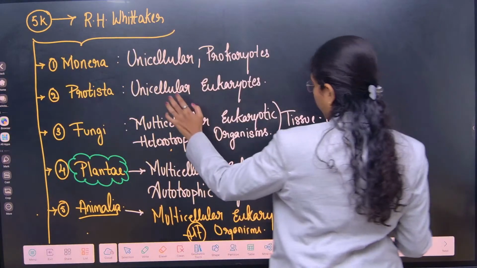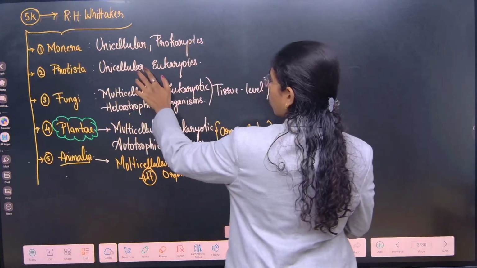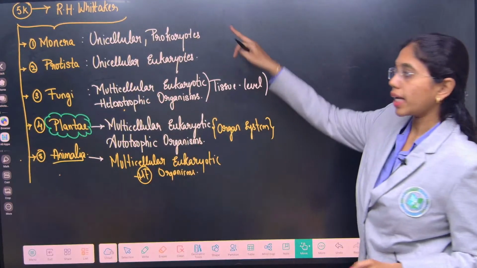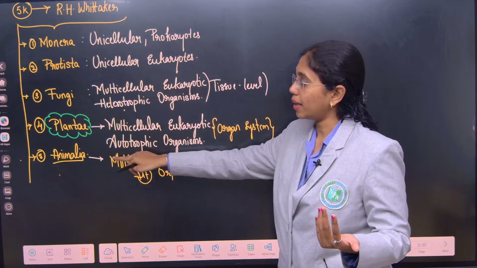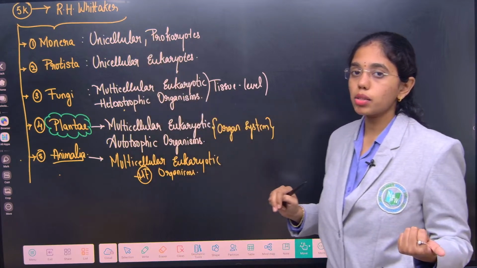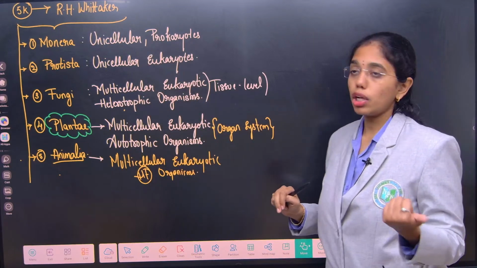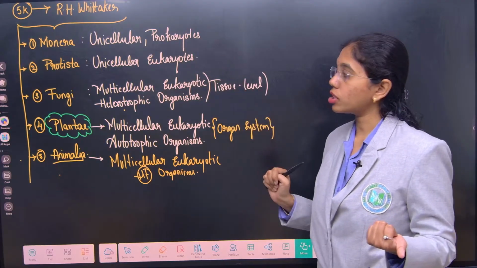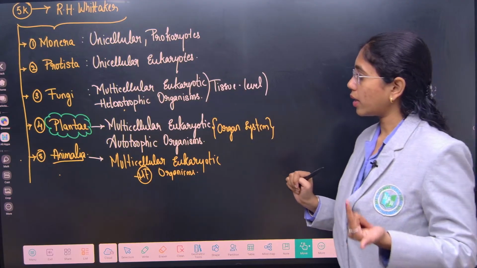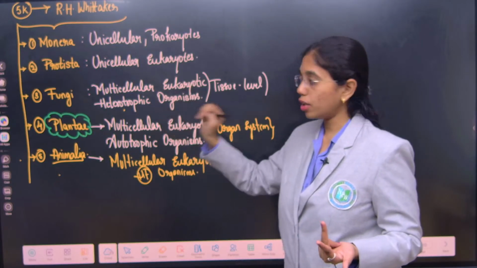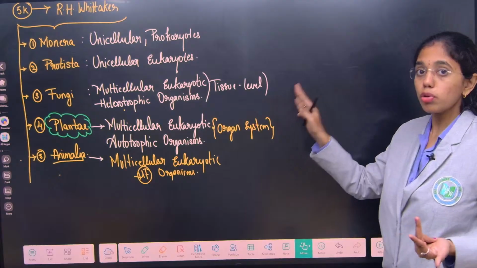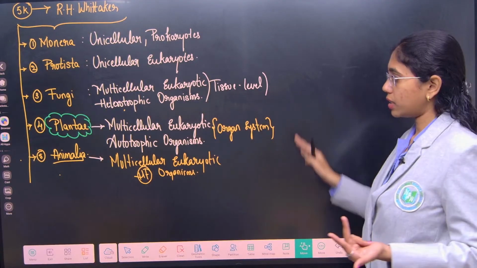Observe carefully. So, a gist of it: 5 kingdom system of classification: Monera, Protista, Fungi, Plantae and Animalia. What type of organisms are involved in Monera? Unicellular prokaryotic. Under Protista, unicellular eukaryotic. Fungi includes multicellular eukaryotic heterotrophic organisms which is up to tissue level of organization.